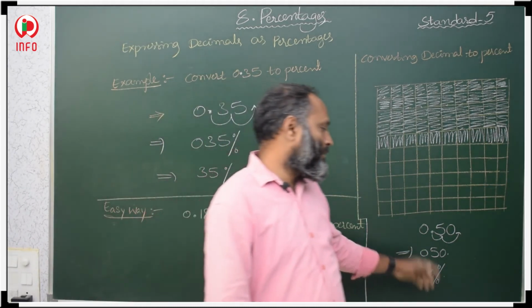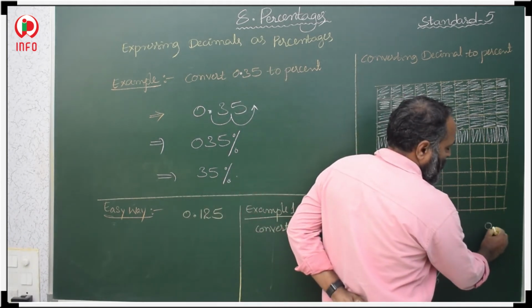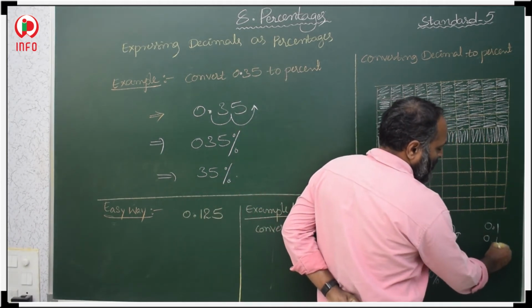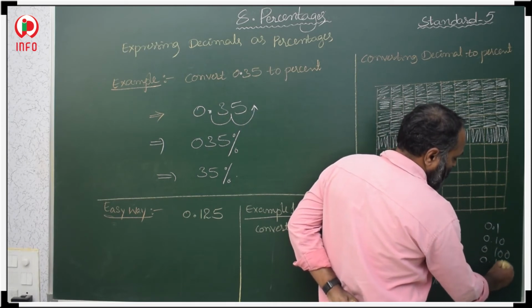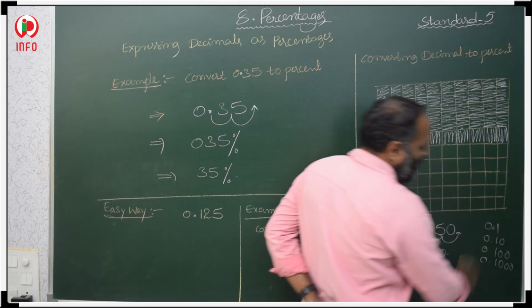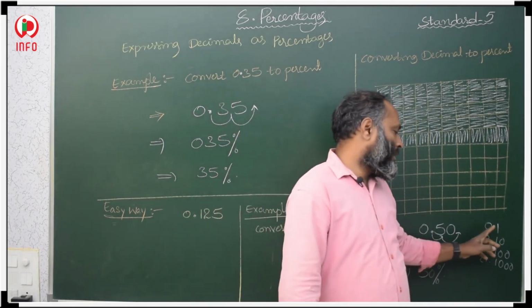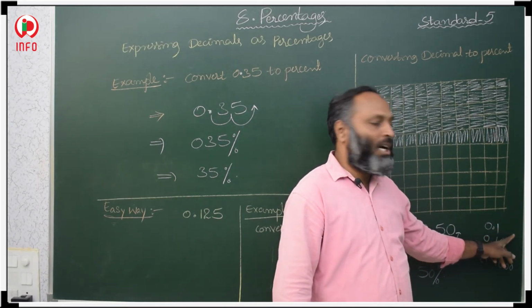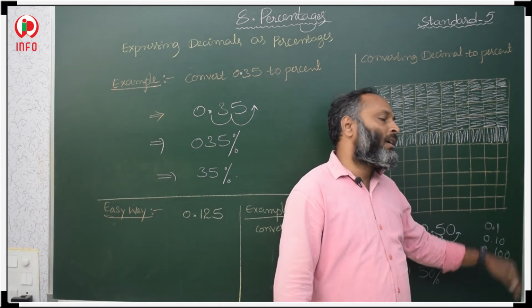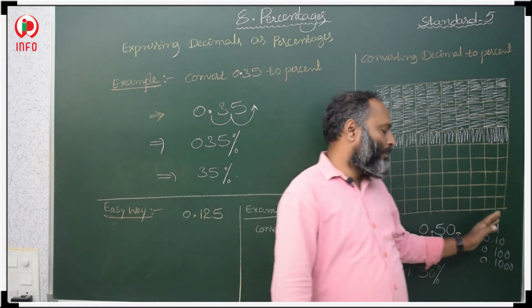In the decimal 0.1, 0.10, 0.100, 0.1000, all these values are equal, the same value, no change. After a decimal point, if zeros are placed in the hundredths, thousandths and further places, the value remains the same.